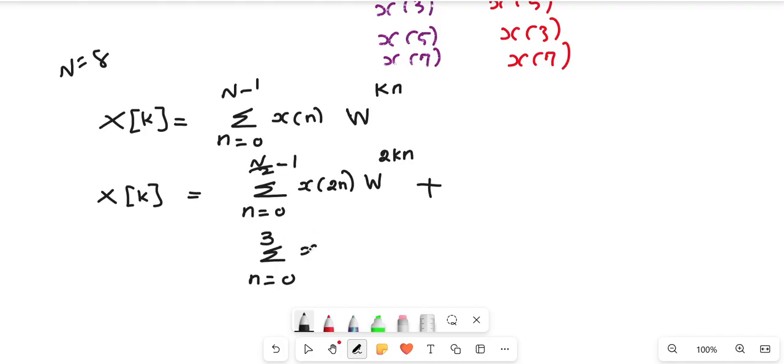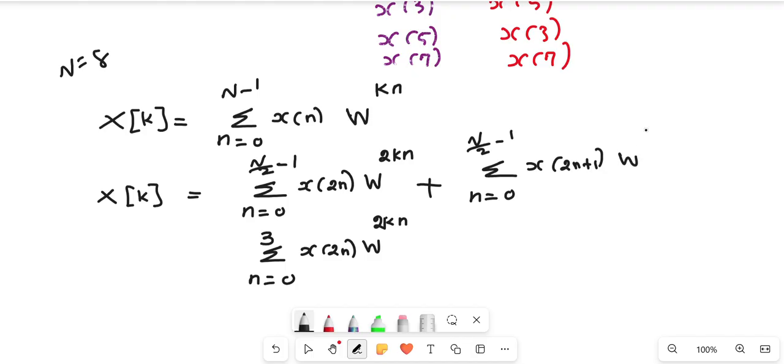So this will be x of 2n and W power 2kn, plus the summation of n equal to 0 to N by 2 minus 1 of x of 2n plus 1 into W power (2n plus 1) into k.